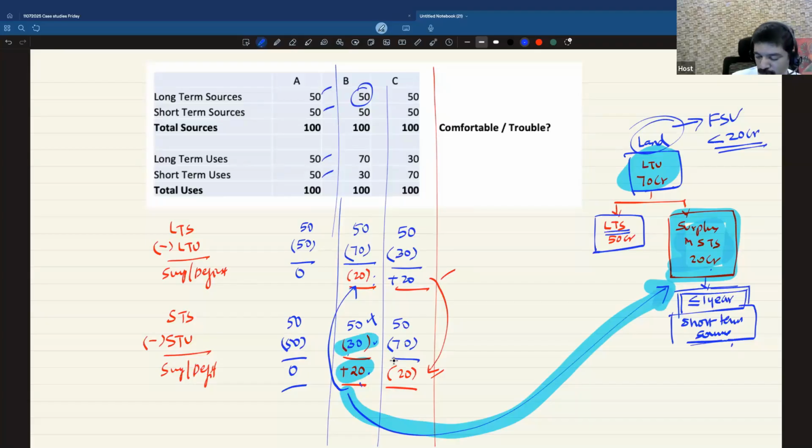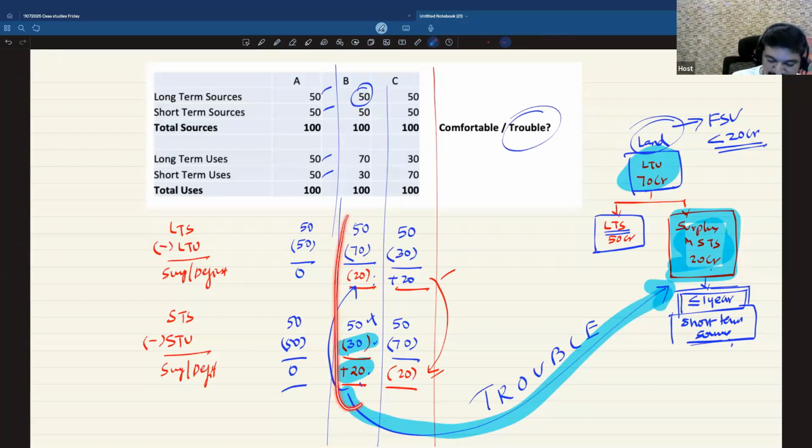They will demand full repayment. And if you are unable to make full repayment, then you are going to land in big trouble. Are you getting me? So this is the reason I said this is a risky or troublesome situation. Okay. And how are you getting this picture?